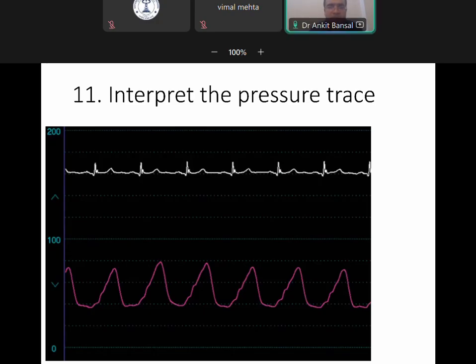So coming to a very interesting tracing, interpret this pressure trace. These pressure traces you see daily in your cath labs, and you must know how to interpret them.